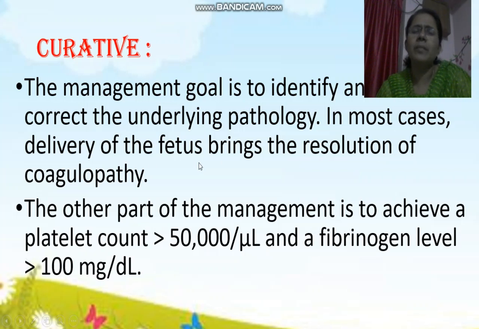So after delivery of the baby, normally the coagulation will be corrected. The other part of the management is to achieve a platelet count of more than 50,000 and a fibrinogen level of more than 100 mg per deciliter. The management is according to the platelet count and the fibrinogen level.